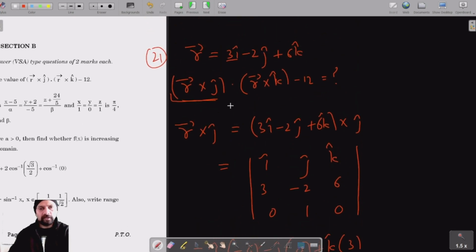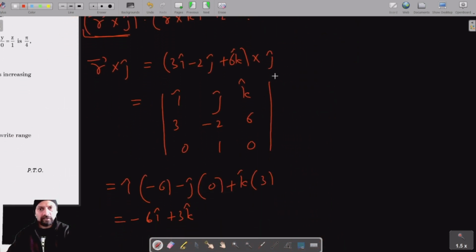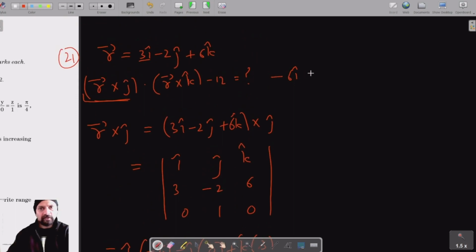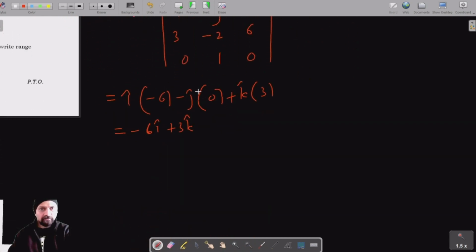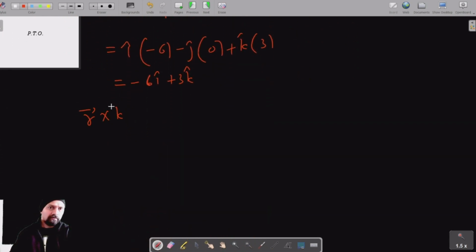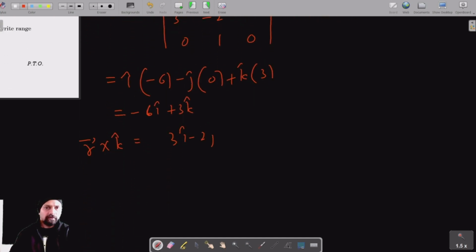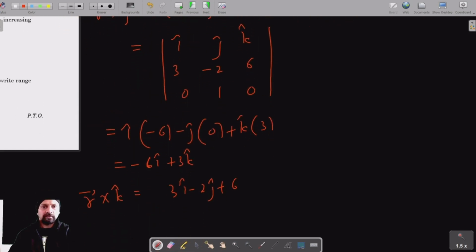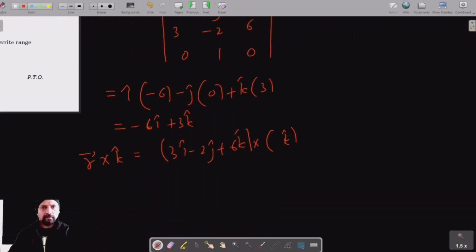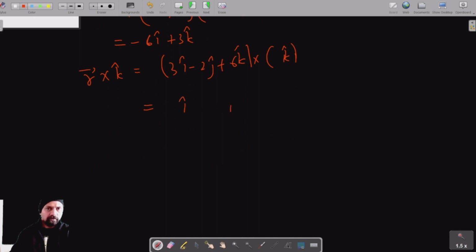So we have got the value of r cross j, which is equal to minus 6i cap plus 3k cap, and we have to find its dot product with r cross k. So let's find out r cross k cap. r is 3i minus 2j plus 6k cross with k cap, and this is equal to the determinant of i cap, j cap, k cap, 3, minus 2, 6, and 0, 0, 1.